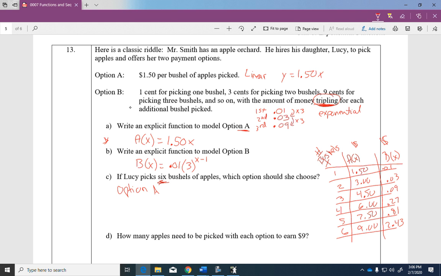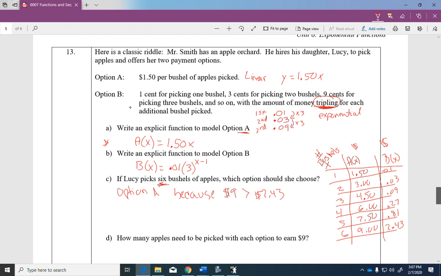So she should pick option A because $9 is greater than $2.43. How many apples need to be picked with each option to earn $9?